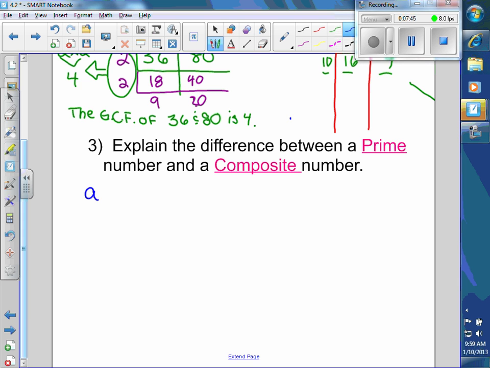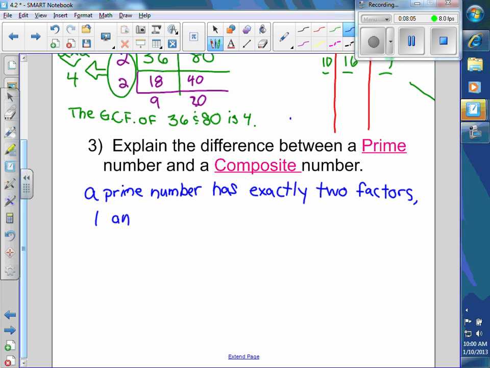So a prime number has exactly 2 factors: one and itself. And the only even prime is 2.